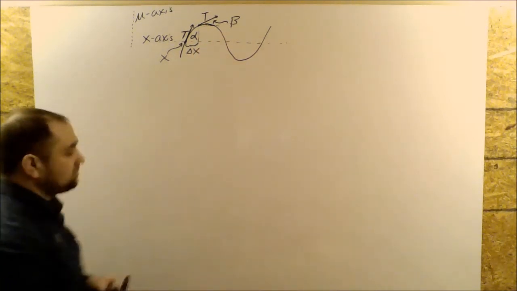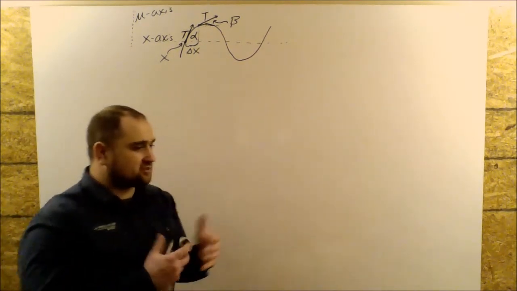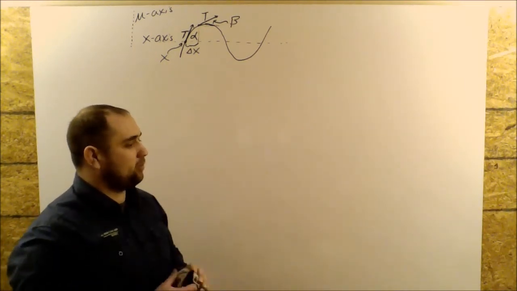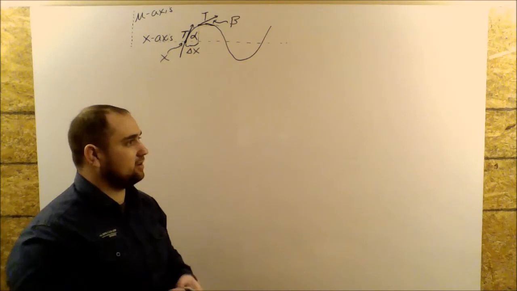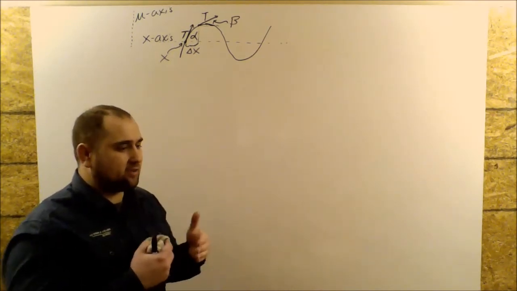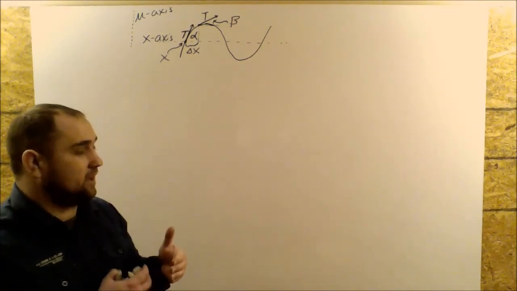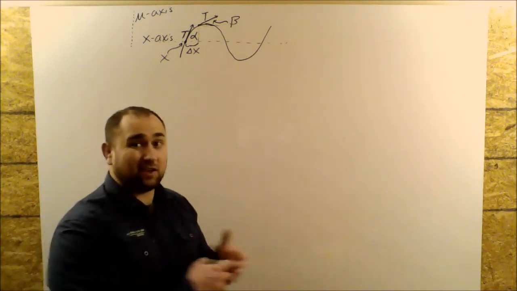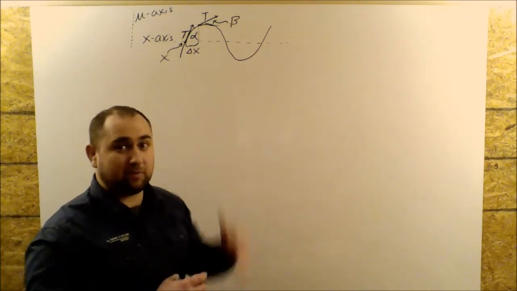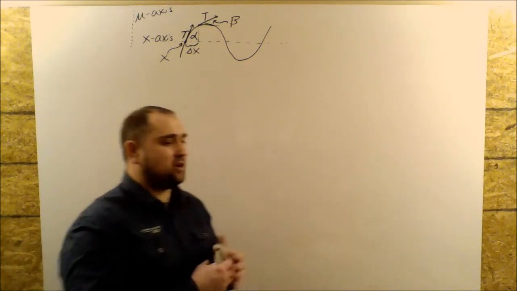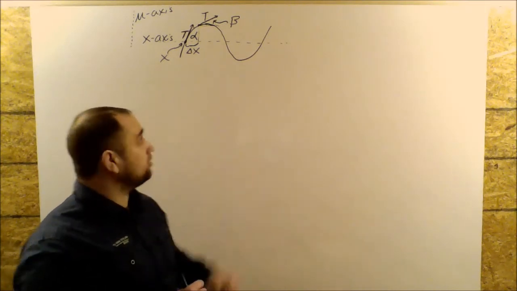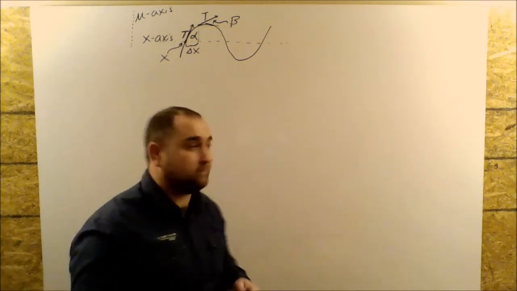Okay? And so now when we're analyzing this string or whatever the wave is going through, we know that the material is not actually moving side to side. It's only vibrating up and down. So we only have to analyze the forces in the vertical direction.